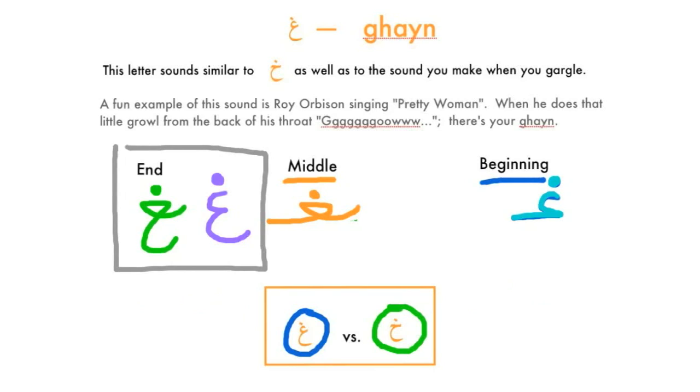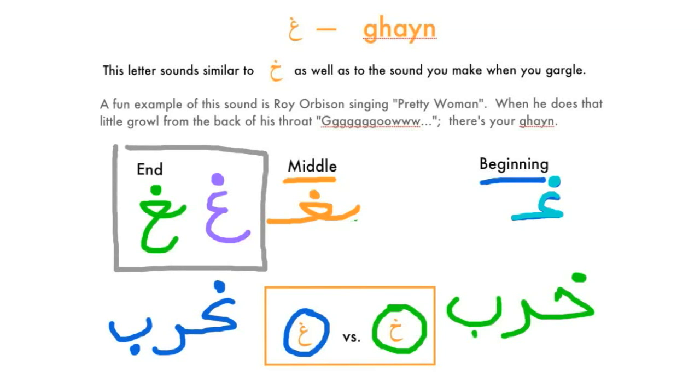Another example is the word kharaba with kha versus gharb with ghayn. Listen to me once more. Kharaba with kha versus gharb with ghayn.